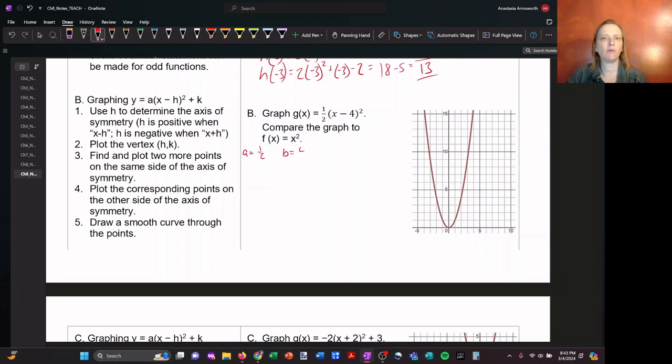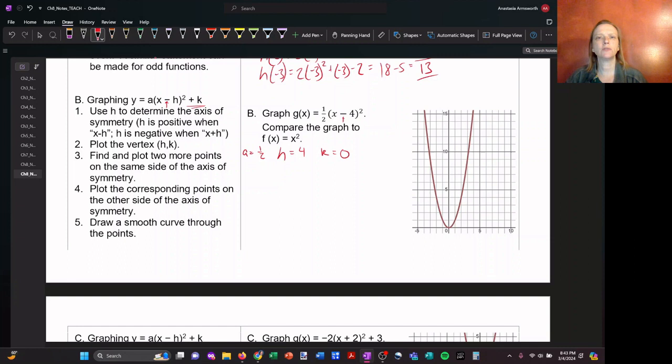My h value is 4, not -4, because I'm supposed to have that negative sign there. I called that a b value, but that should be my h value. And my k value, well, there doesn't seem to be anything added on outside the parentheses, so my k must be 0.